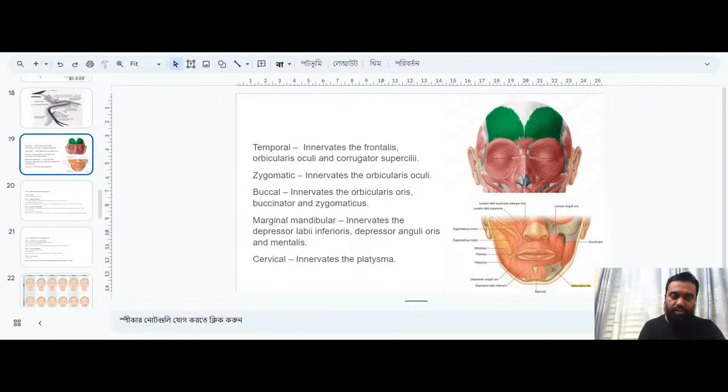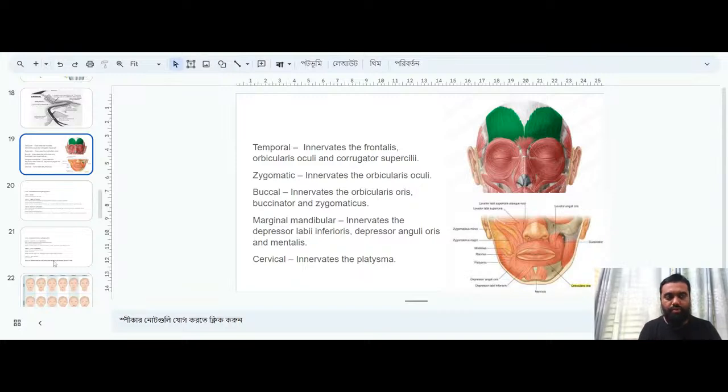So there are some branches of the facial nerve that supply this part of the face. During examination of the facial nerve, we have to examine these parts of the face. So when there is an injury of the facial nerve, then we have to classify this injury according to the grade, how much it is affected.